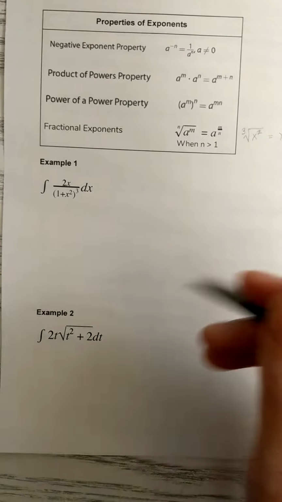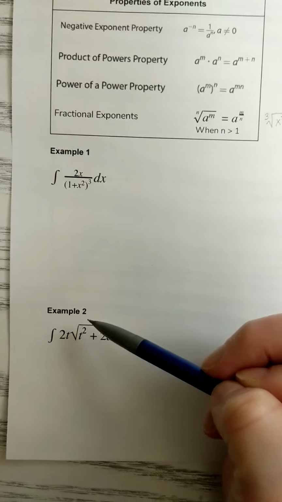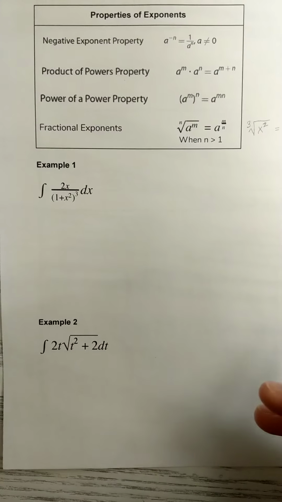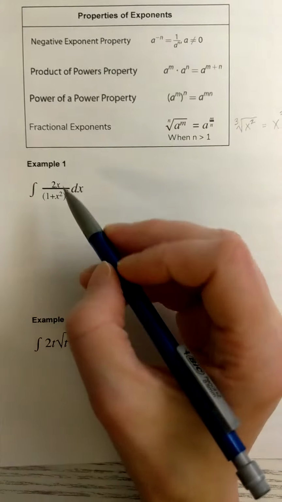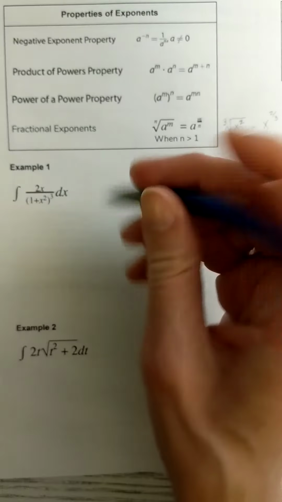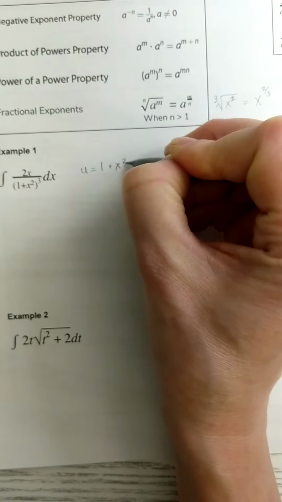I have a couple of examples. And in both of these, you have to work with exponents and then find the integral using substitution. So for the first one, we've got the integral of 2x over (1 plus x squared) to the third. So I'm going to let u be 1 plus x squared.